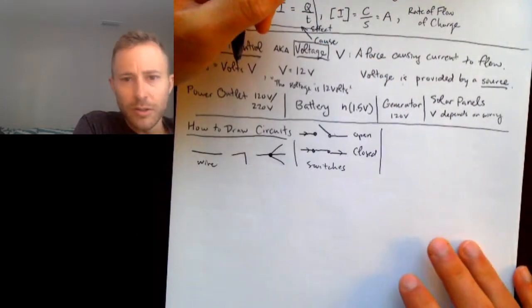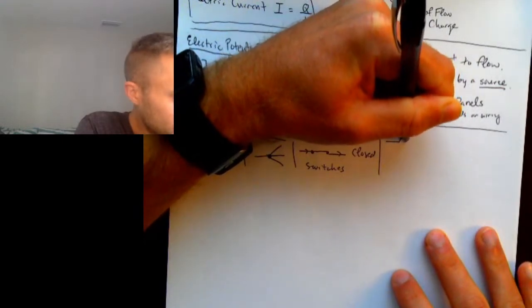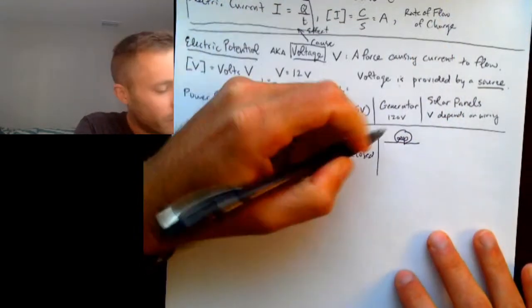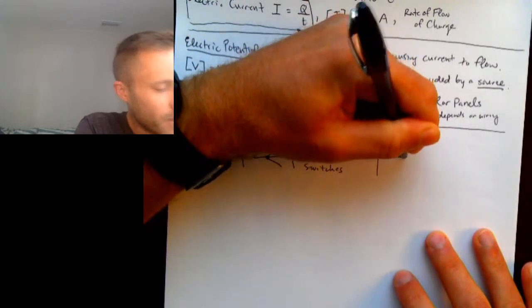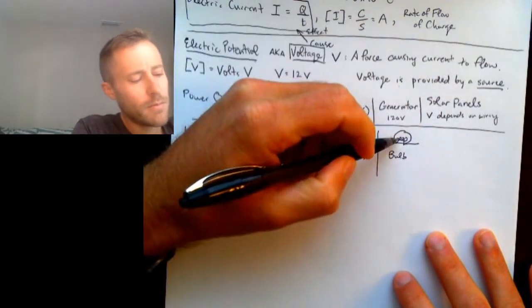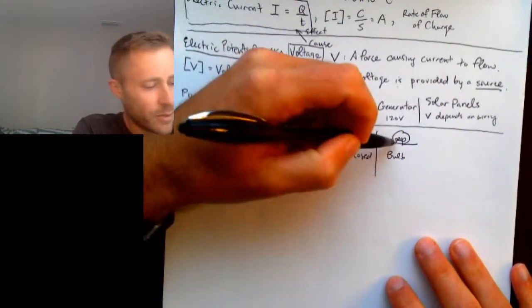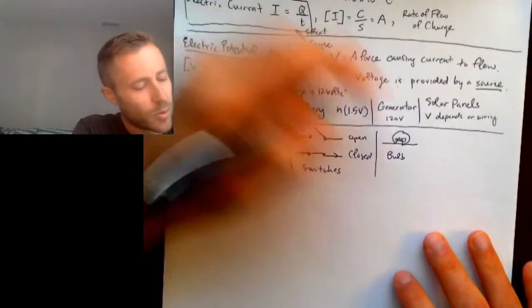There are things like light bulbs. So that's the symbol for a bulb. You have the curlicue, which is the tungsten filament, and then you have the glass bulb itself.